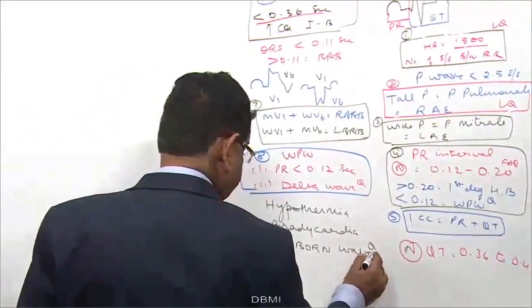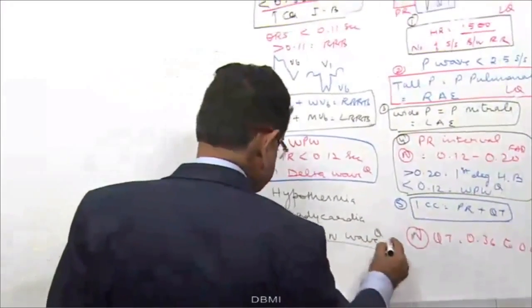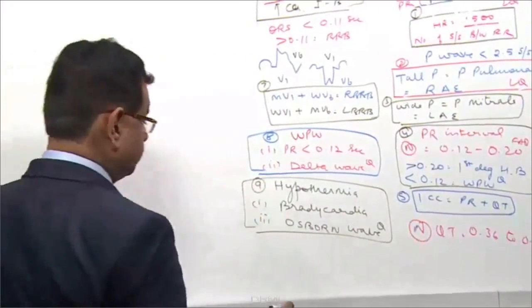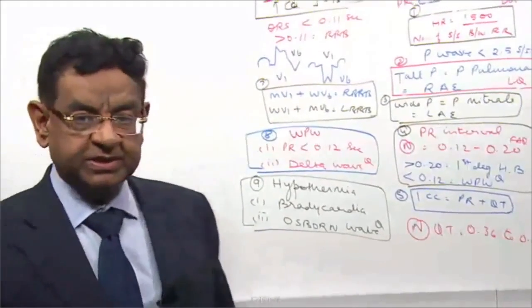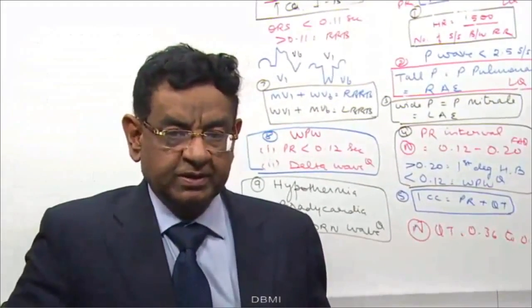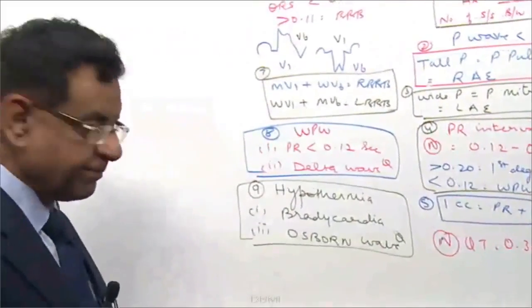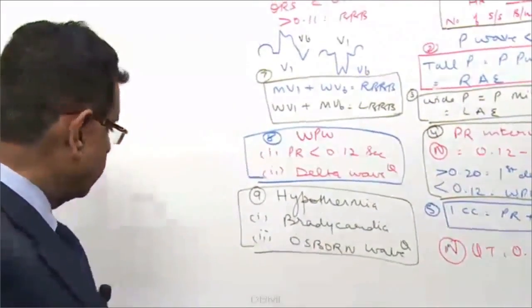This is a very frequently asked question. This is box number 9. Osborne wave was the latest question also in this year's exam. Latest exam questions are Osborne wave also. This is hypothermia, a very frequently asked question.